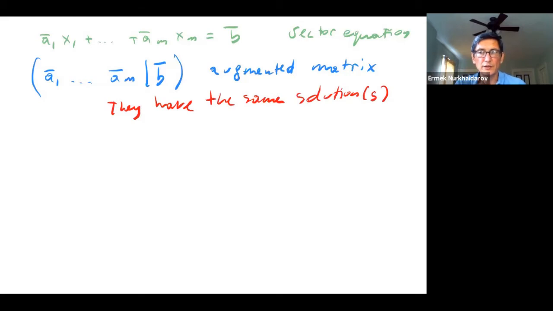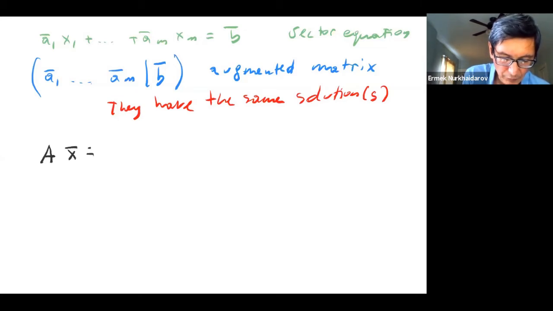Now what I want to do is introduce matrix notation. I kind of want to combine information from the first line and second line. So I want to write down something like matrix A times vector x equals b.